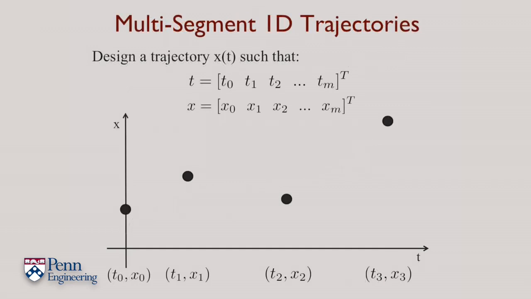So let's consider the problem where you're given a set of intermediate time points and positions that you require the trajectory to pass through. So these time points are t0, t1, etc., and the corresponding positions are x0, x1, etc. In this case, we have assumed that there are m+1 time points and m+1 corresponding positions.